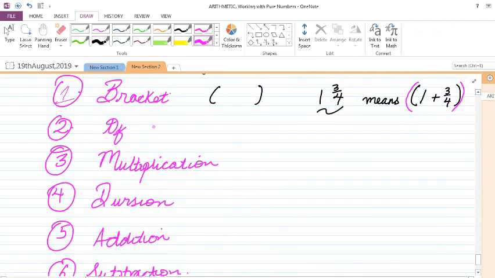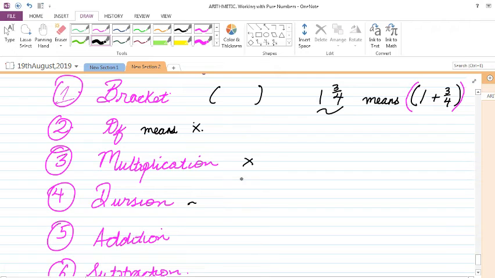Okay? Well, of many men multiply. It literally means multiply. And multiplication is multiplication. Right? So division now.